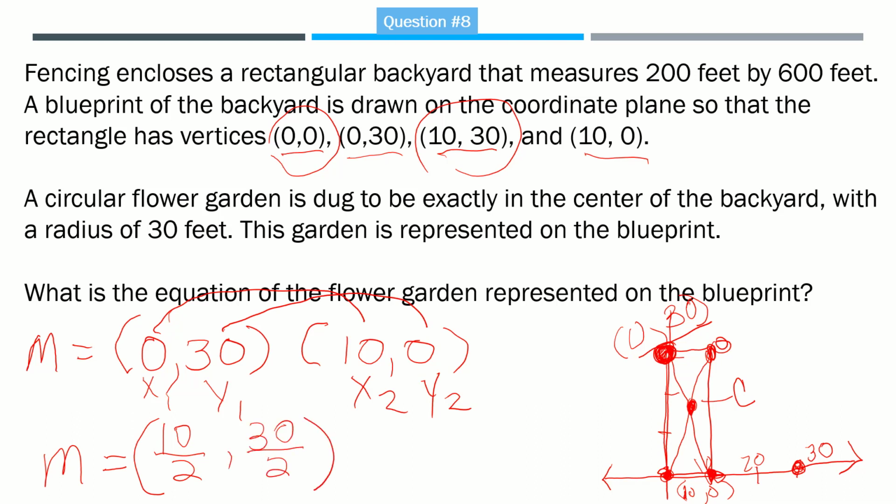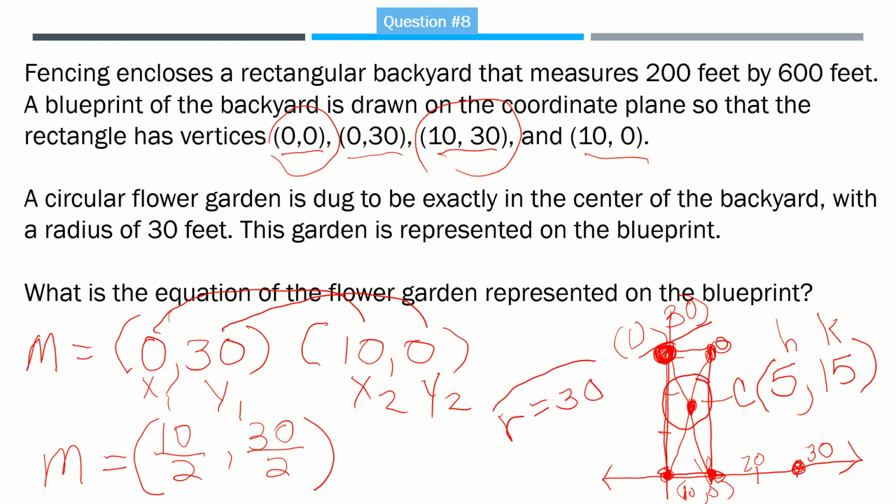And that will be our midpoint of the diagonal, but also the center of our circle. So 10 divided by 2 is 5, and 30 divided by 2 is 15. So this is our H, and this is our K. Now, this is going to be kind of small, but we're drawing a circle here in the center of the backyard with a radius of 30 feet.